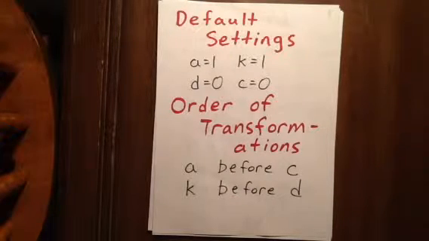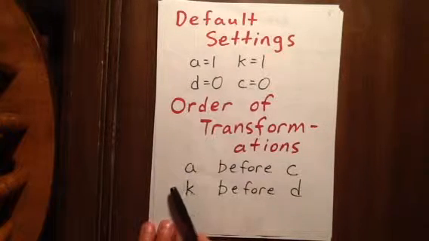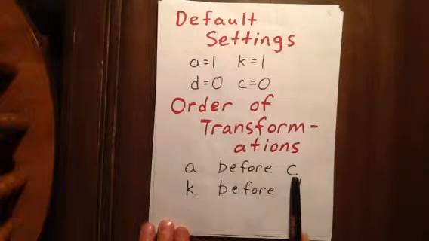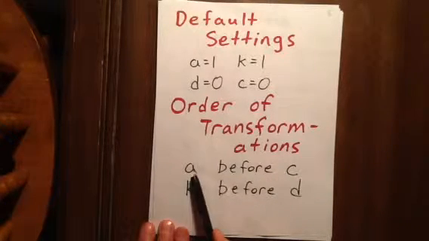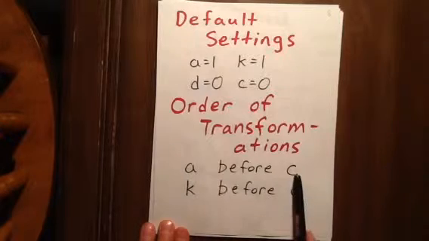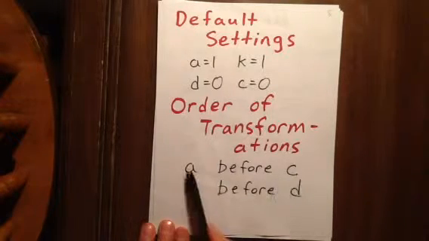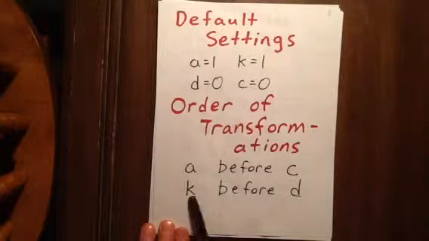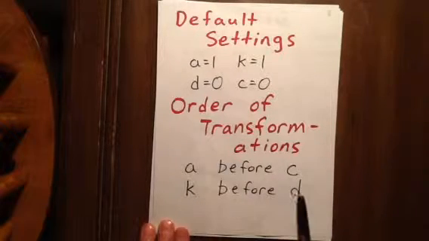And then you might say, well, does it matter what order we do the transformations? And basically, it goes like this. The y-coordinate is multiplied by A and then C is added. Well, BEDMAS would tell us to do the multiplication portion first and the adding portion second. So make sure that we deal with the A before we deal with the C. And similarly, BEDMAS again would tell us that when we're dealing with the x-coordinate, we should make sure we divide by k before we add d.